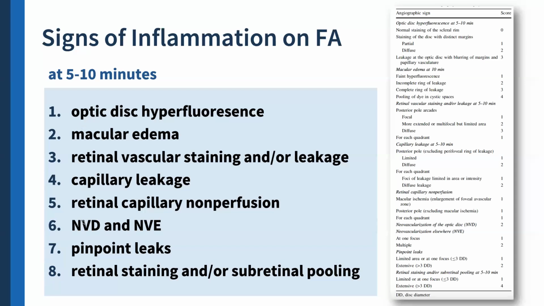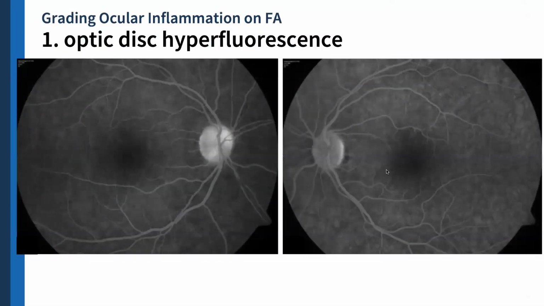So there are 8 things you need to look for, and those 8 things will have specific grading. The higher the grade, the higher the level of inflammation. Okay, so let's take a look at specific examples. First, optic disc hyperfluorescence.